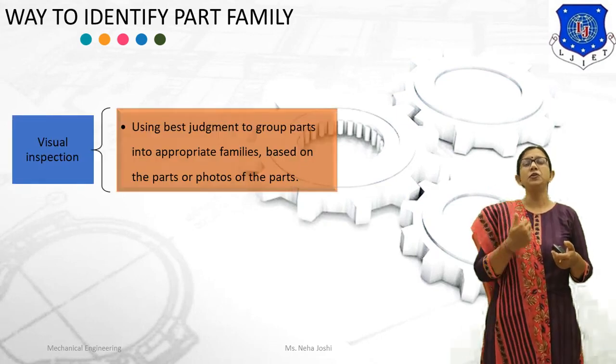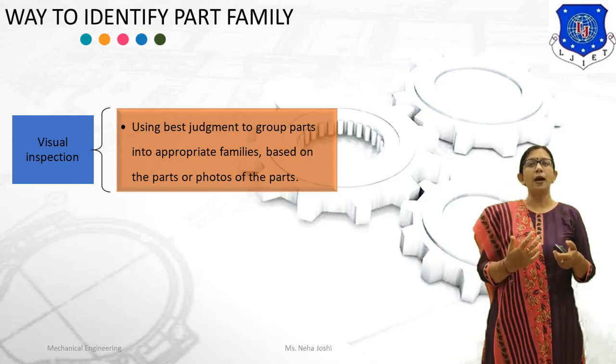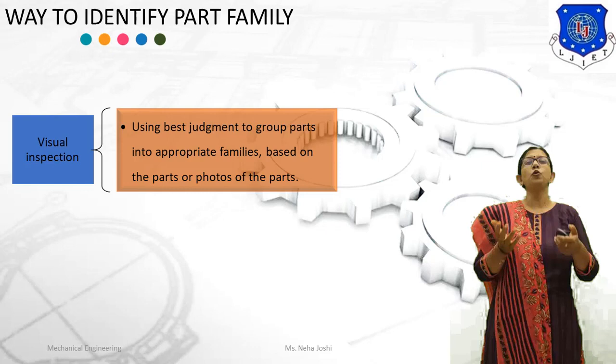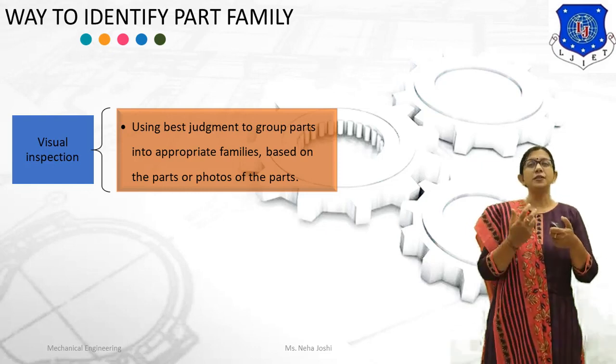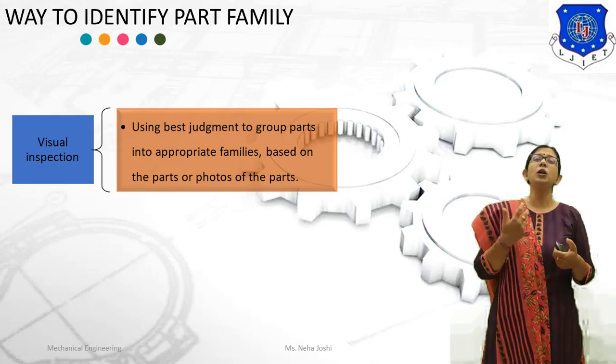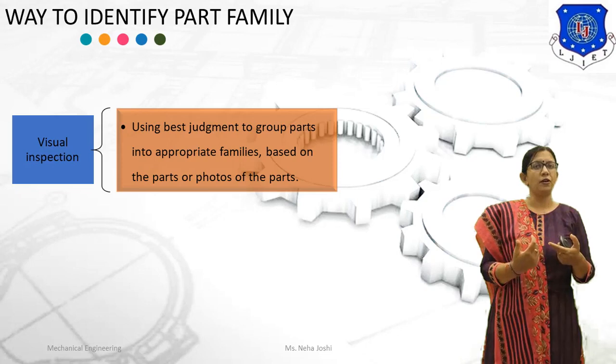Now the first method is visual inspection. Using judgment to group parts into appropriate families based on the parts or photos of the parts. In visual inspection, the grouping of parts into part families is done by looking for similarities in shape, size and methods of manufacture.